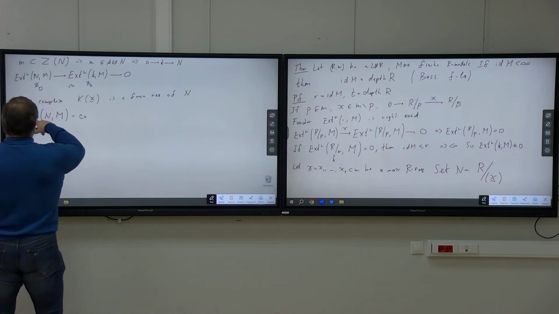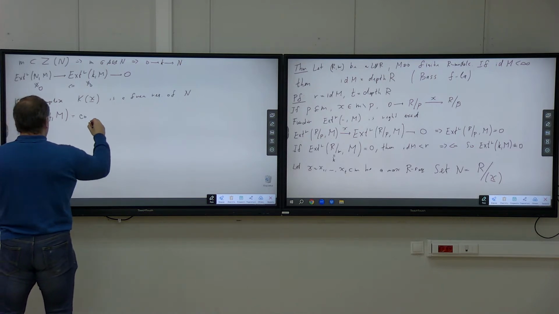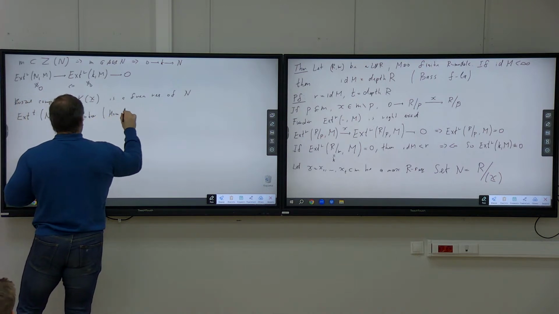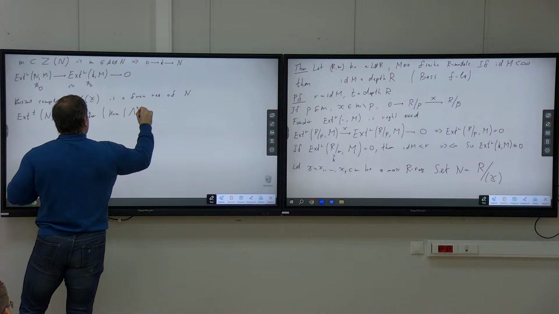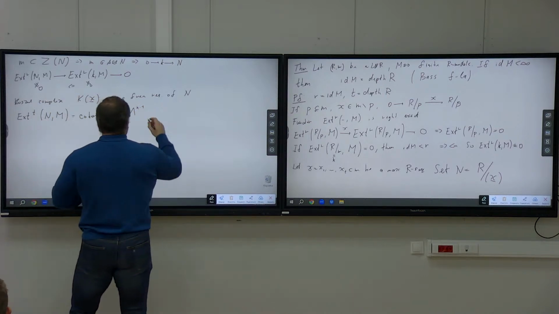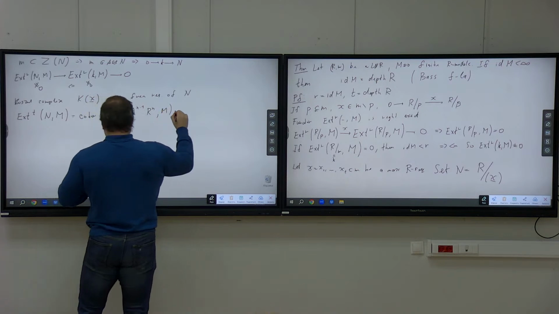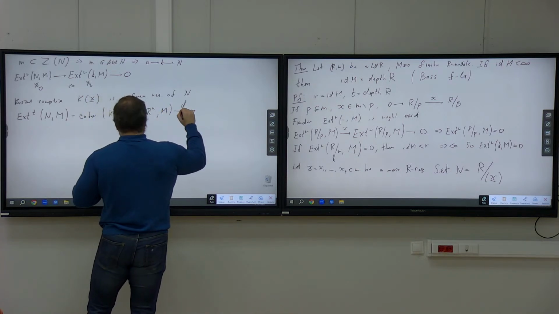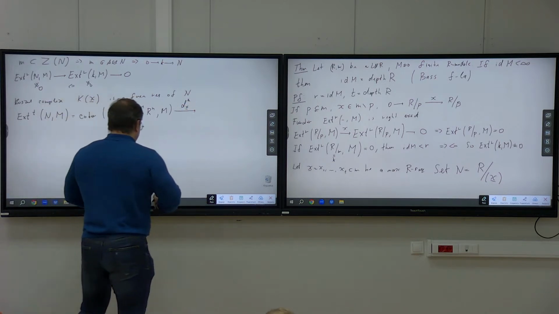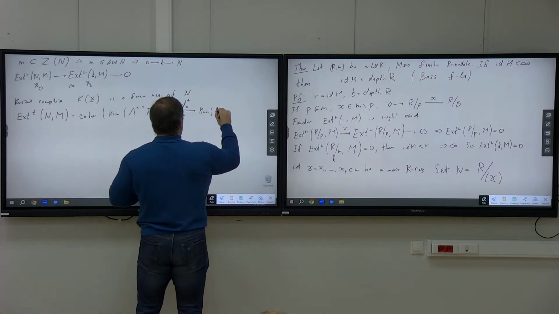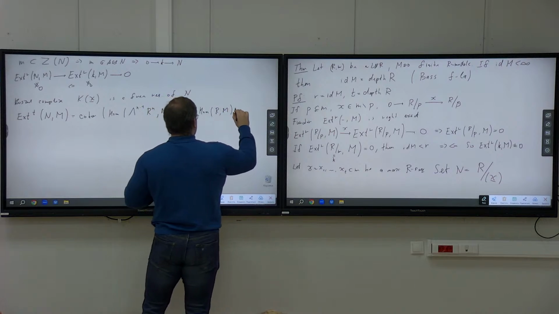So this Ext with the largest possible index will be the cokernel of the map Hom between the exterior power t minus 1 of the free module, the t generators, and M. This will be the dual map in the Koszul complex. So let's call this d star, with the sequence x to the Hom R^t, which is of course just M.